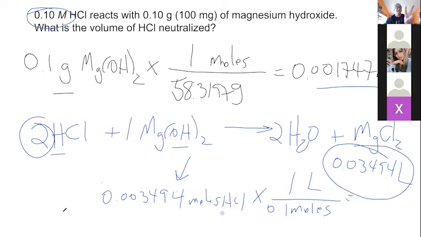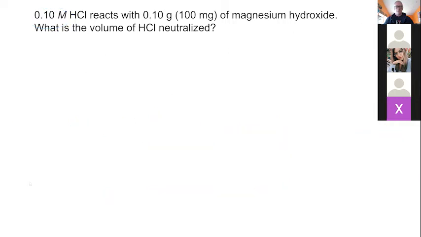Right, there's 2 significant digits in the concentration, and there's 2 significant digits in the mass of magnesium hydroxide. So I'm limited to 2. So my final answer would be 0.035 liters. Or you could say 35 milliliters. Either one. All right, great job. And we were pretty close.